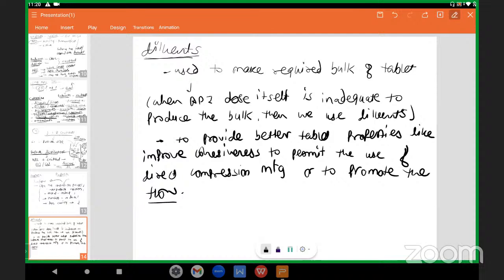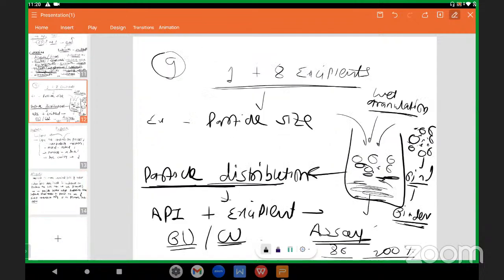Okay, ये दो ऑब्जेक्टिव्स हैं, दो फंक्शंस हैं, दो रोल हैं, दो रिस्पॉन्सिबिलिटीज हैं डाइल्युएंट की. Now I think this is one very important point. Based on the shape, आपकी टैबलेट राउंड साइज की होती है मोस्टली, बाकी ओवल, सिलिंड्रिकल भी होते हैं.